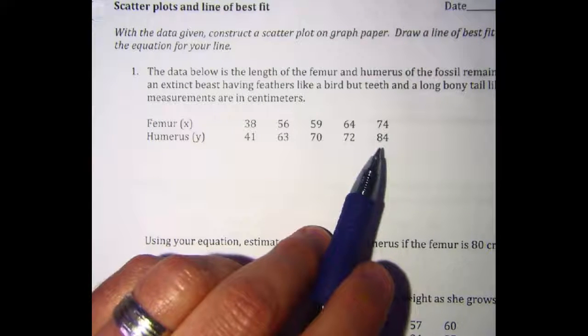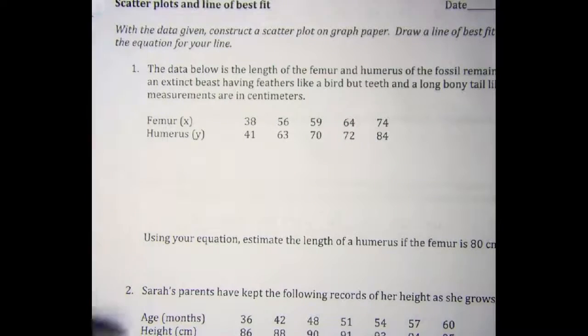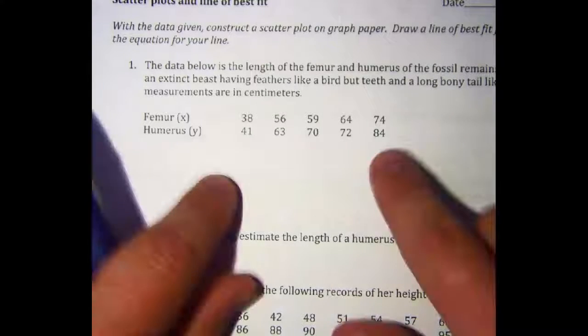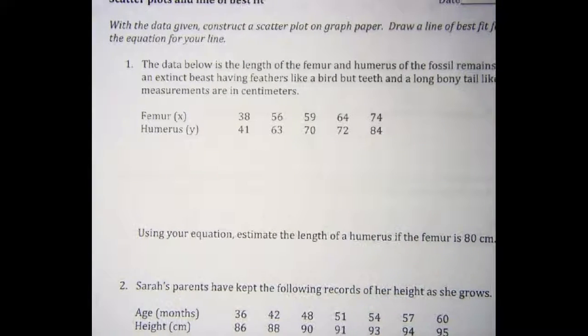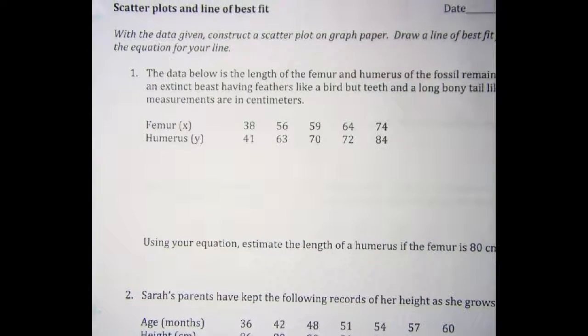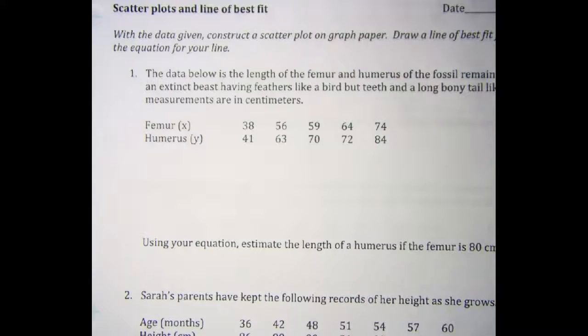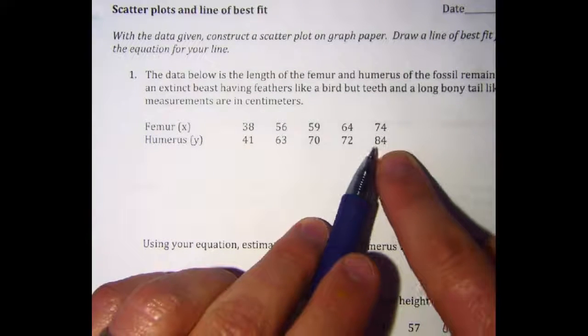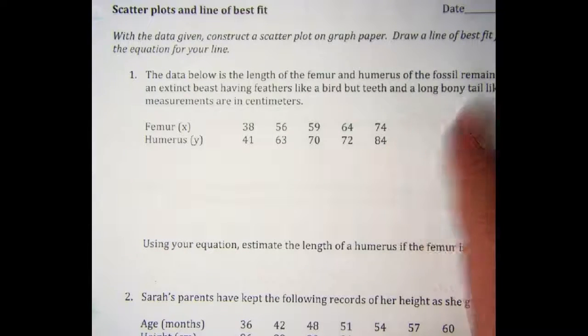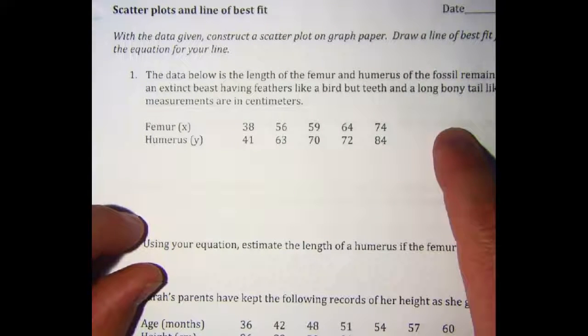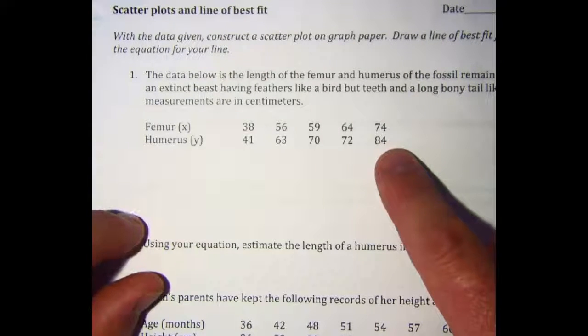You don't want to just count 5 squares and say, well, I'll just graph it on these 5. You need to think ahead of time before you put any of these plots. How many squares should your graph be? If we need to graph up to 84, that probably means we should go at least to 90.